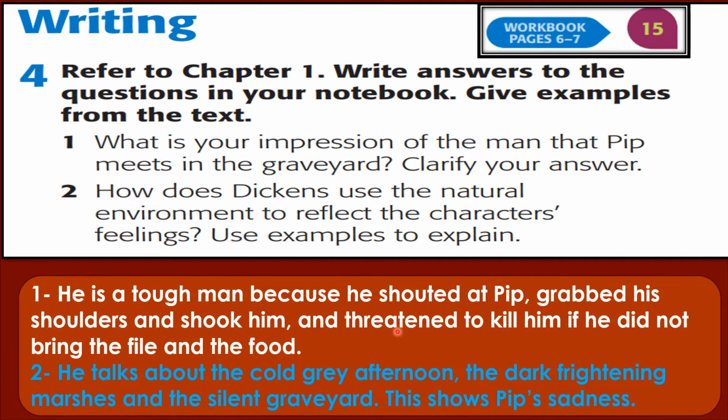If you look at chapter 1, Charles Dickens talks about the cold grey afternoon, the dark frightening marshes, and he mentioned the silent graveyard, and all these expressions which are related to the natural environment show how sad Pip was. Okay, this shows Pip's sadness. طبعا التعبيرات اللي لها علاقة بالبيئة الطبيعية دي بتظهر حزن بيب.